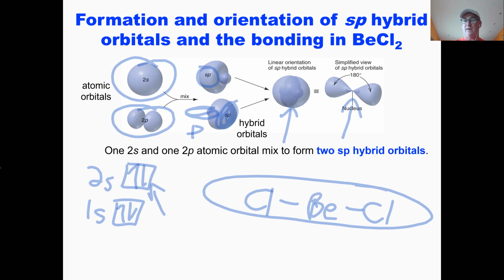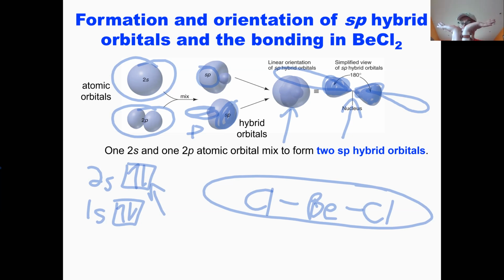Whereas a p would be much longer. The sp is shorter and has more density closer to the nucleus, like an s orbital would. So it's not as long as a p, but it does have the orientation of a p, where you have some electron density on one side and some on the other side, just like a p orbital would.